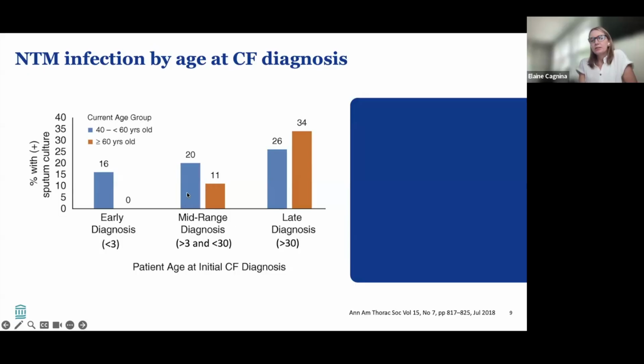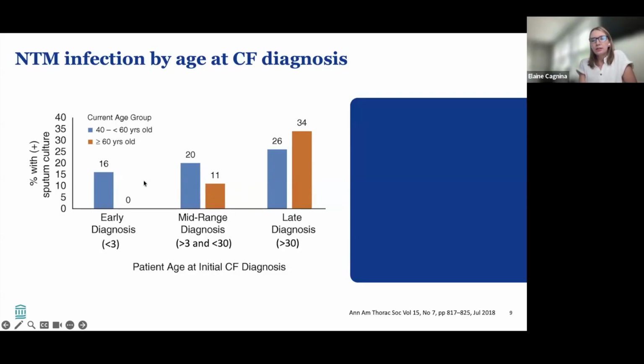And I think the correlate to this is that it can happen in milder lung disease, right? Because if you have more severe lung disease, you're more likely to be diagnosed early. Or if you have typical delta F508 genetics, you're more likely to be diagnosed early.